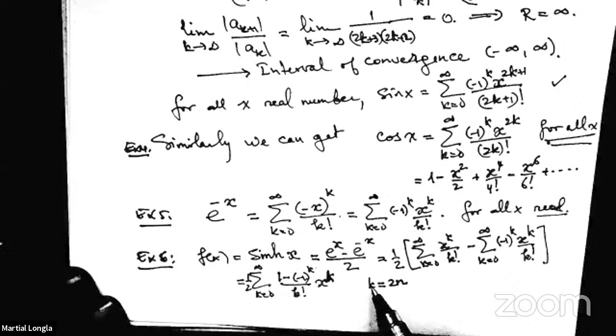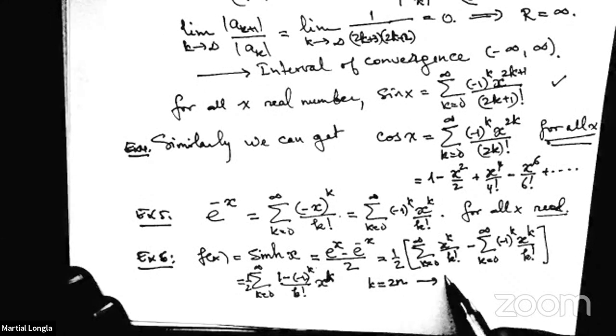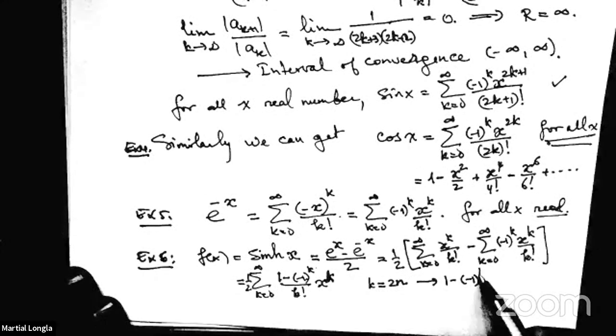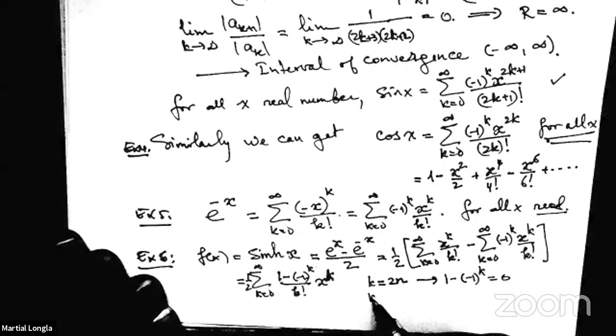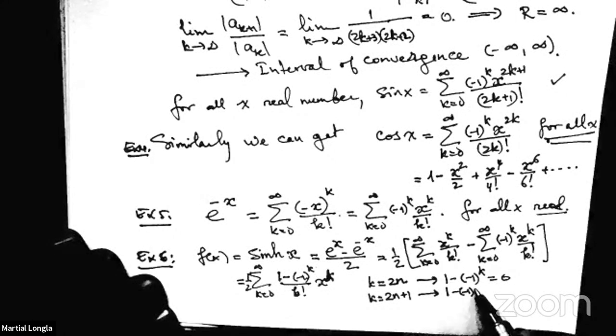When k is equal to 2n, 1 minus negative 1 to the k equals 0. When k is 2n plus 1, negative 1 to the k is minus 1, so 1 minus negative 1 to the k is 2.